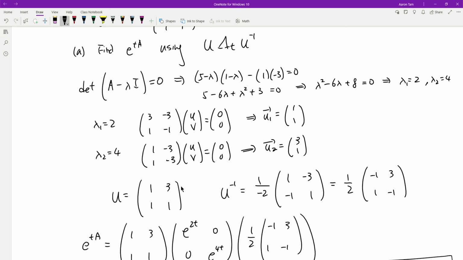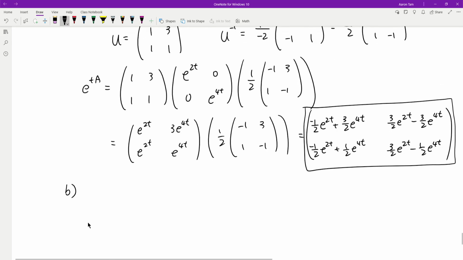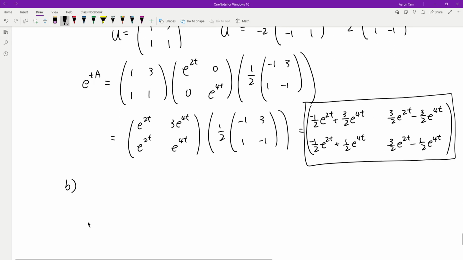That's all that is for now, until we figure out what happens when we have a repeated eigenvalue. Okay, so that's what we work toward. But for now it is exactly kind of the same thing. So I think we'll finish after this one part.